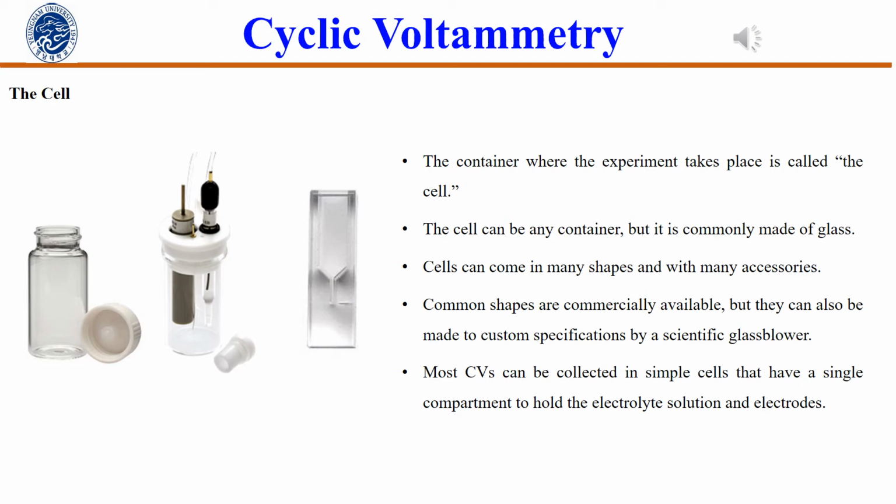Most cyclic voltammetry experiments can be collected in simple cells that have a single compartment to hold the electrolyte solution and electrodes. Most importantly, the cell should be very clean before doing any electrochemical study like this CV.